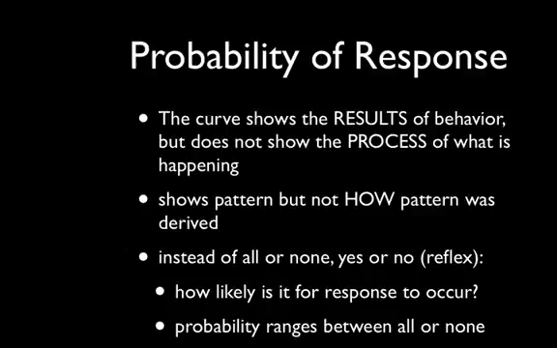But Skinner, as I said, is saying that the learning curve shows the results of the behavior, the speed at which the cats got out of the box. But it doesn't show why they got out of the box or how they responded or why they responded the way they did. All right?